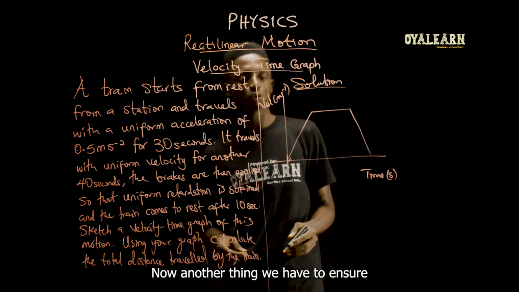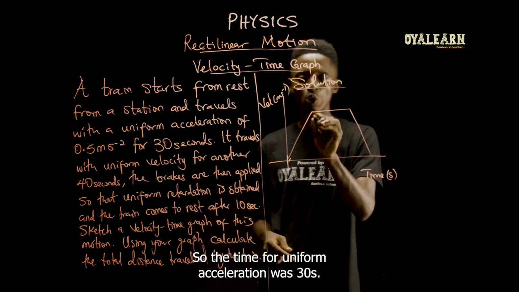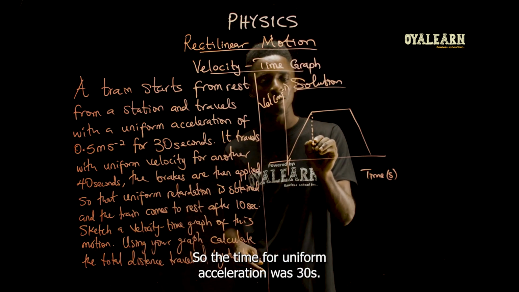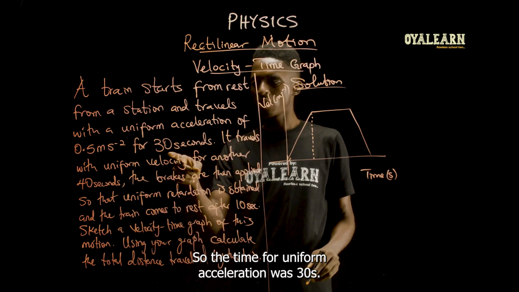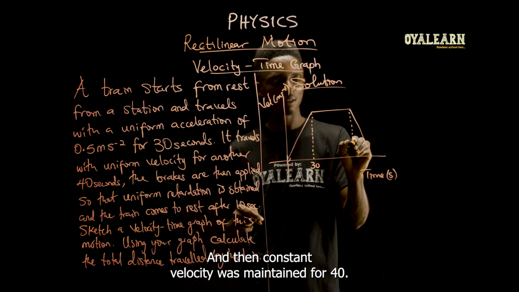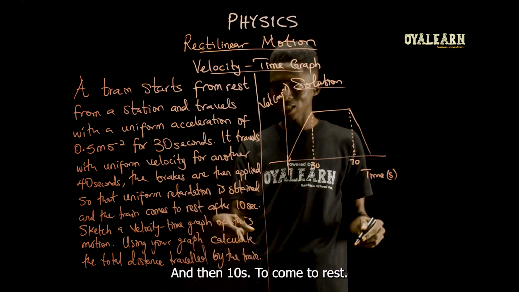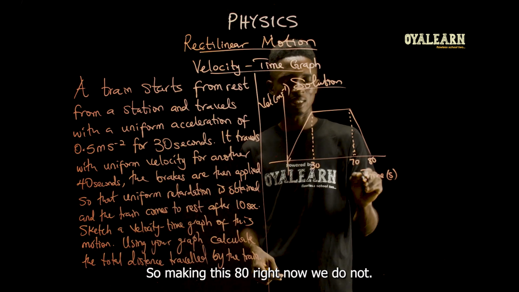Now another thing we have to ensure is that the timing, we can detect that using this. So the time for uniform acceleration was 30 seconds. And then constant velocity was maintained for 40. So add 40 to this and then you have 70 here. And then 10 seconds to come to rest, so making this 80.